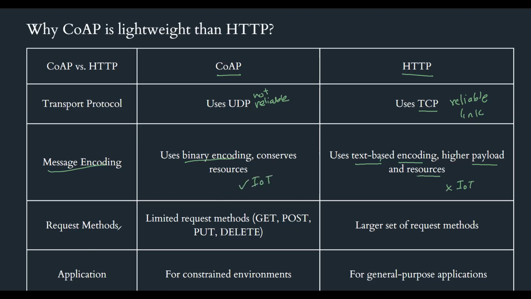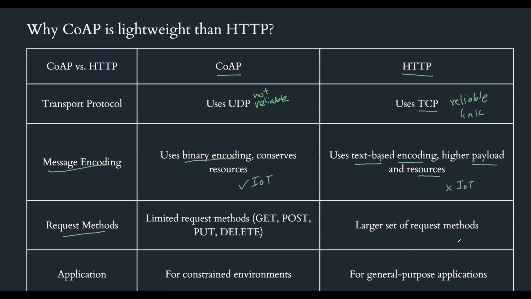Then we also have request methods in both the CoAP and HTTP protocols. In CoAP, we have basically four commands: get, post, put, delete. However, in HTTP, we have a large number of request methods, more than these four basic methods.